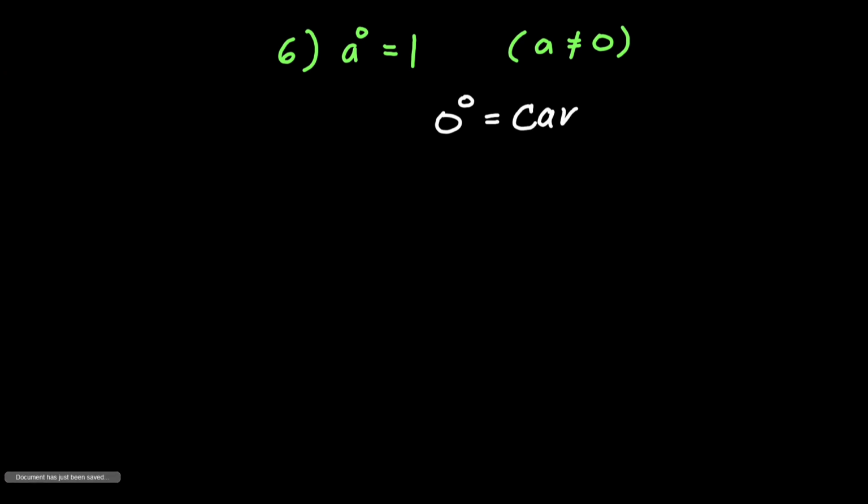The sixth rule now would be anything that will be raised to 0 is 1. Well, as long as a is not equal to 0, because 0 raised to the power of 0 cannot be determined.